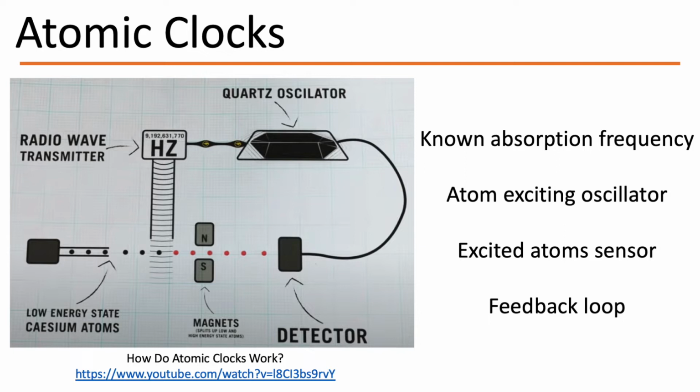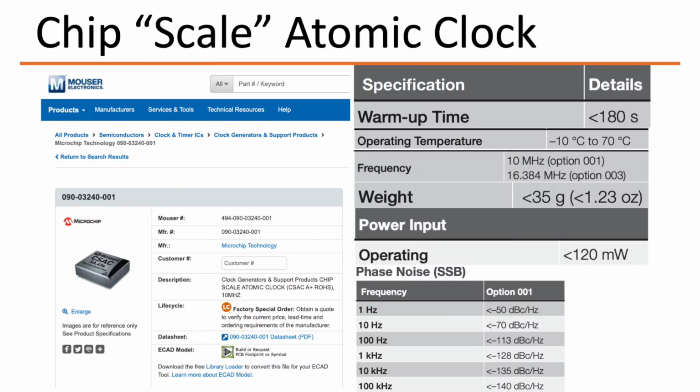When the exciter reaches the frequency of maximum absorption, that's when the detector will have the maximum amount of input. Then we use that detector output to change the frequency of the quartz crystal, which is creating the excitation. So the oscillator will actually change its frequency in order to find the maximum absorption of the atoms.